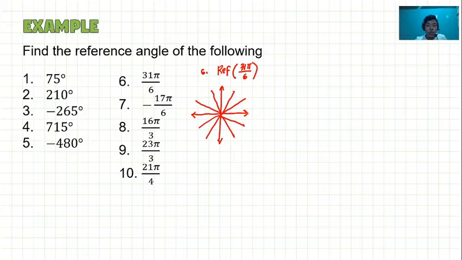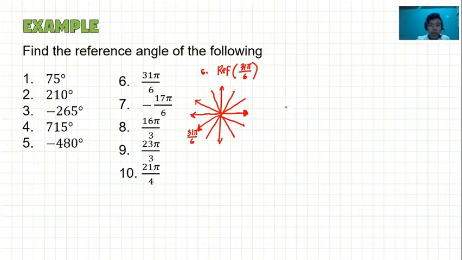So this is already 24 pi over 6 here in our 2 pi, right? Then 25 pi over 6, 26 pi over 6, 27 pi over 6, 28 pi over 6, then 29, this is 30, then 31 pi over 6. So this is now 31 pi over 6.